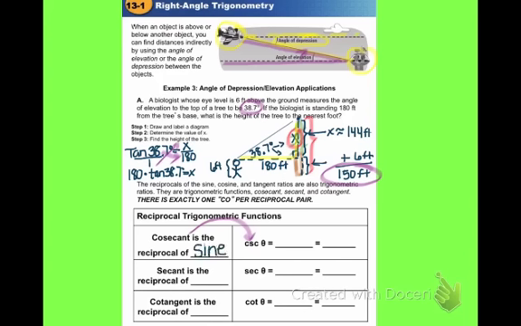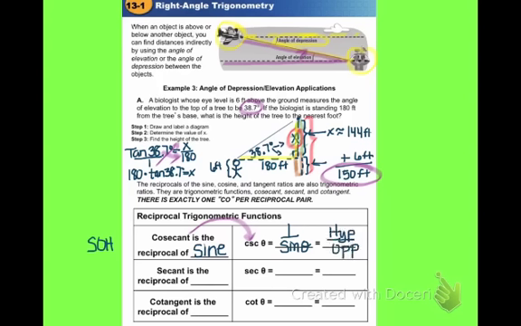We know sine is opposite over hypotenuse, so the cosecant, being the reciprocal, would be the hypotenuse over the opposite leg.